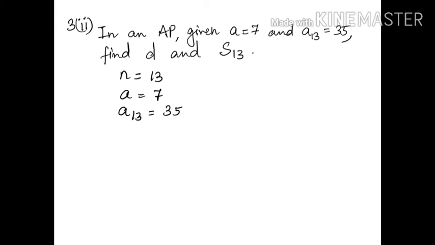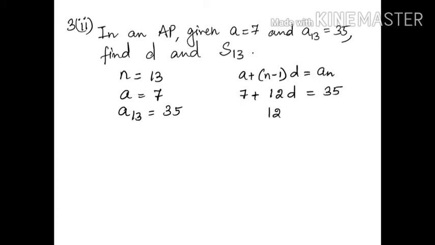Using this information we can find out d with the formula a plus (n minus 1) times d equal to an. So substitute these variables in this formula. 7 plus 12d will be equal to 35.